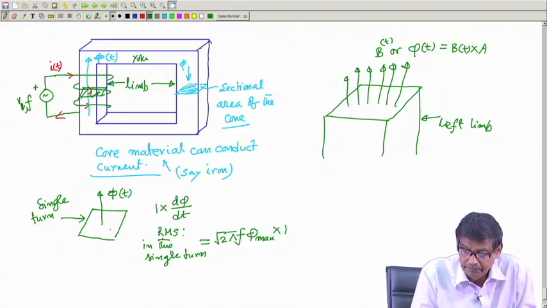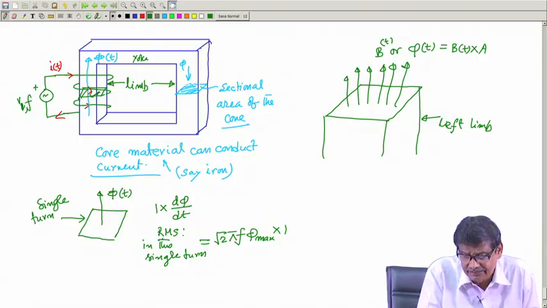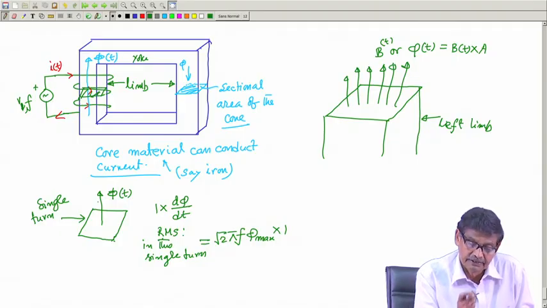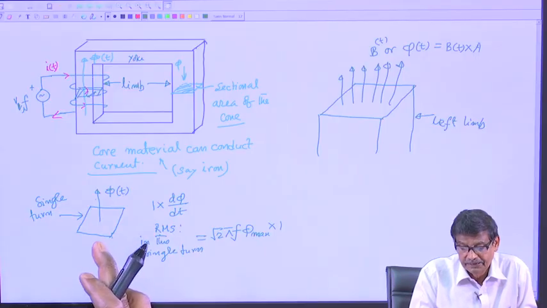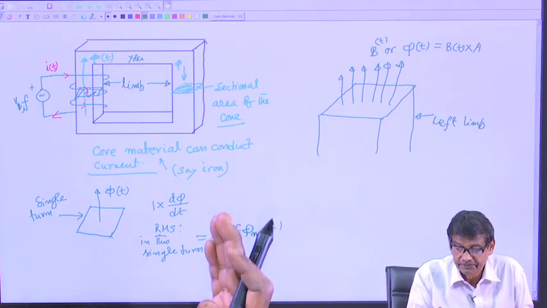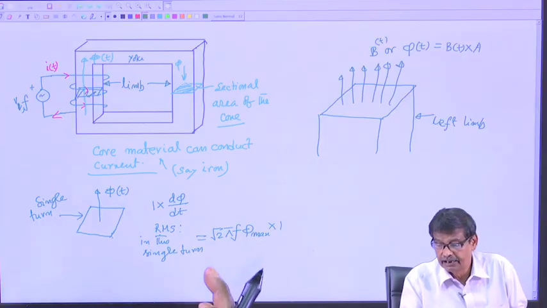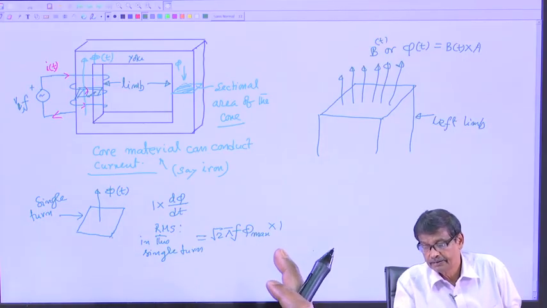I am just considering a separate problem altogether. Suppose there is a single turn like this and flux is crossing this coil area in a perpendicular direction, then the induced voltage is n d phi dt and its RMS value, just like a transformer, will be root 2 pi f phi max into 1.